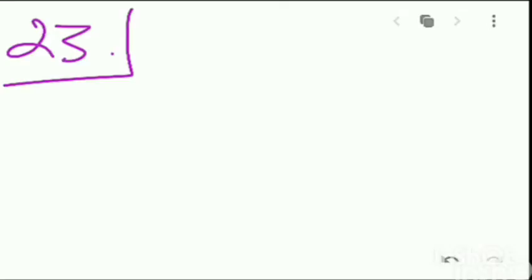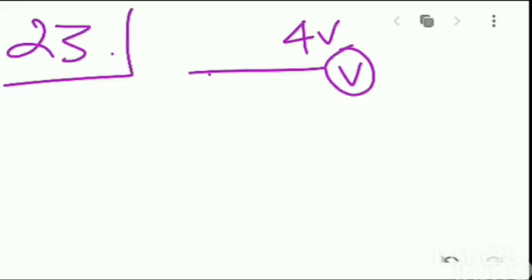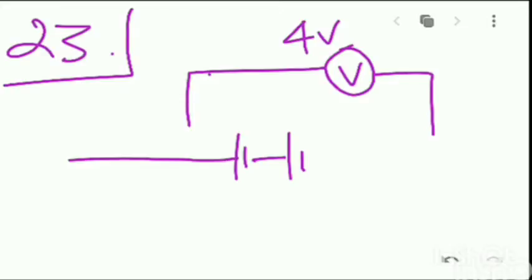At the topmost portion, a voltmeter is given, showing a reading of 4 volt. A voltmeter is, as usual, connected in parallel with the battery. It shows 4 volt. That means the source is providing 4 volt in the circuit. Nothing special about that. Don't get confused looking at this diagram.